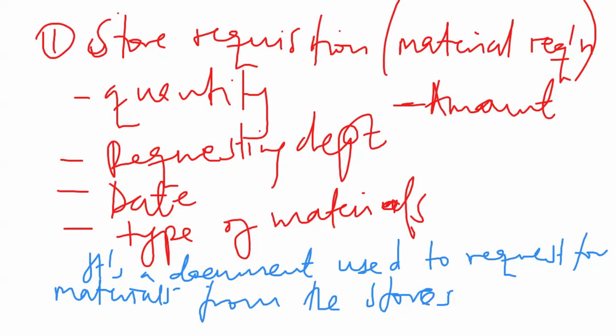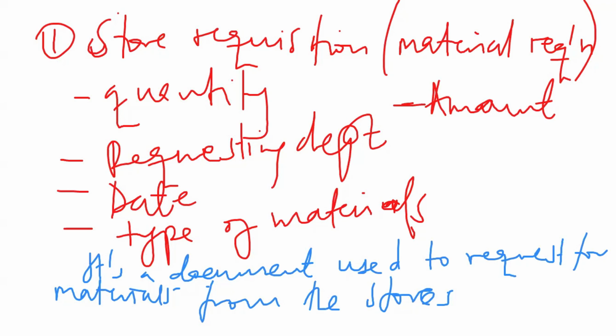So we would simply say it is a document, it is a note, it is a form raised by the production department requesting for raw materials. Or it is the document sent to the stores department.